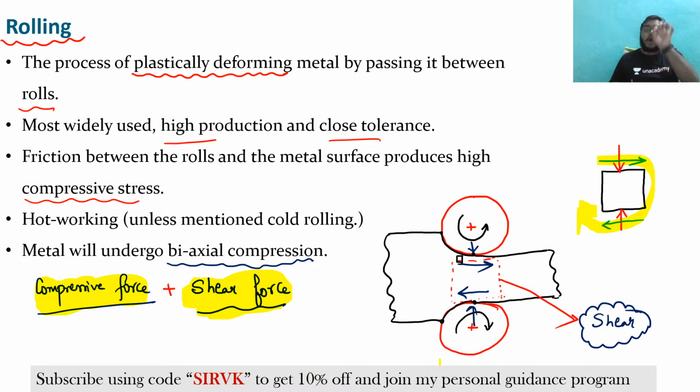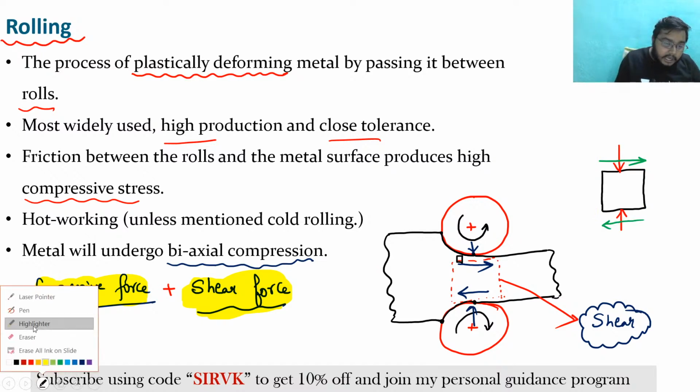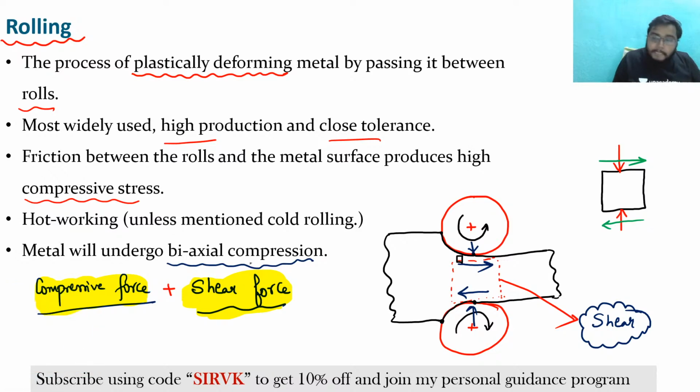There would be a complementary shear stress generated. I hope those who have done my strength of materials classes are relating with these concepts. So definitely the complementary shear stress will be produced, and this complementary shear stress will be in this direction. And this is the state of stress.